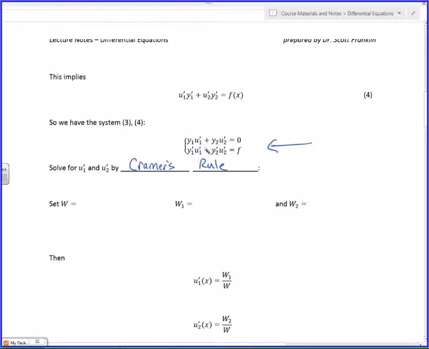To apply Cramer's rule, I'm going to set W equal to the determinant of the coefficients for this system. The known coefficients would be y1, y2, y1 prime, and y2 prime. Keep in mind, these have x's in them. These are functions now.